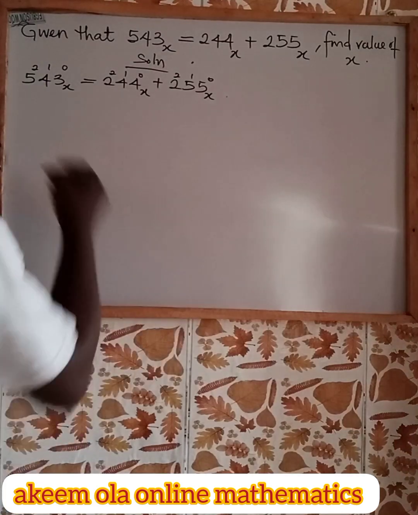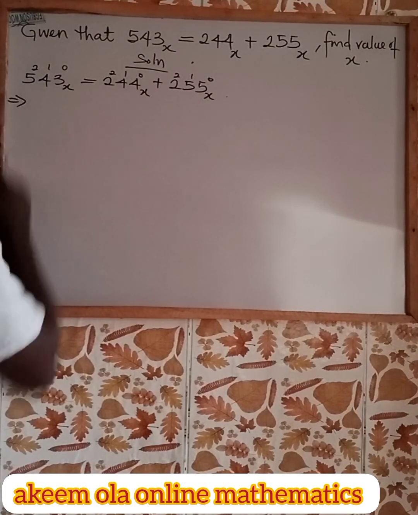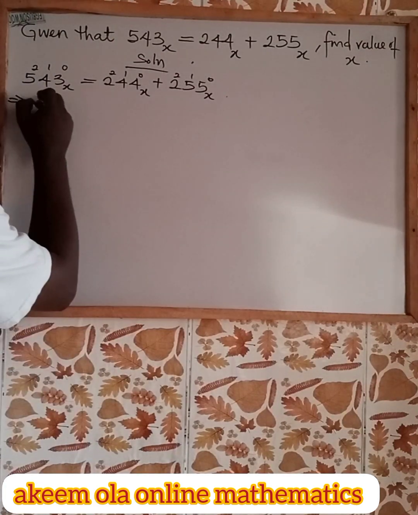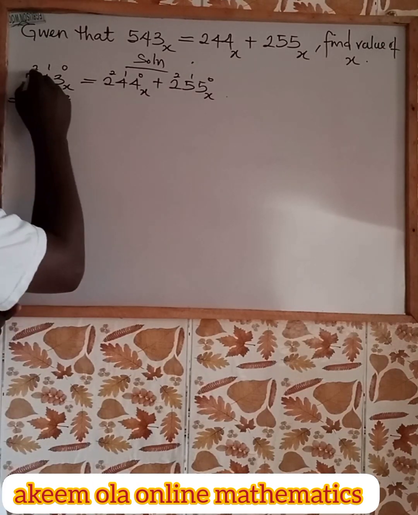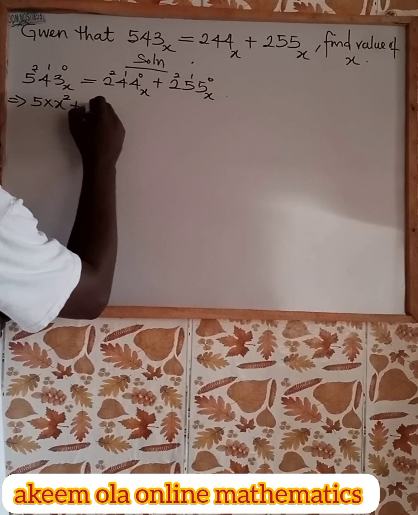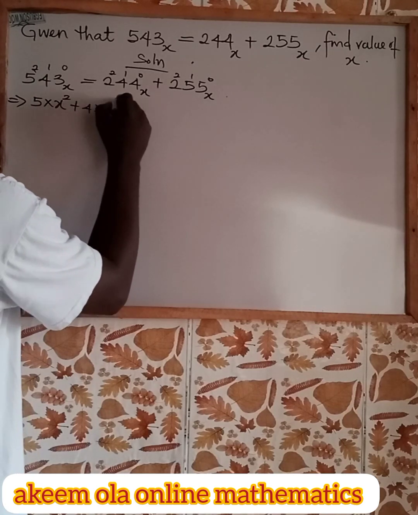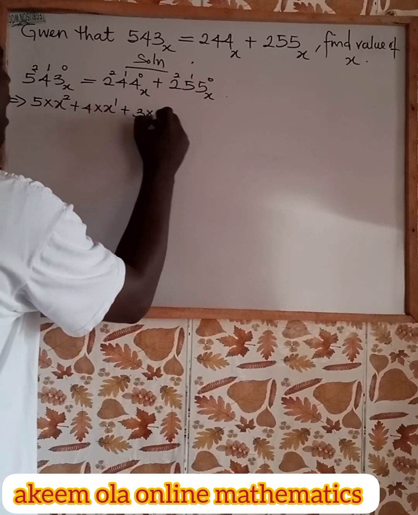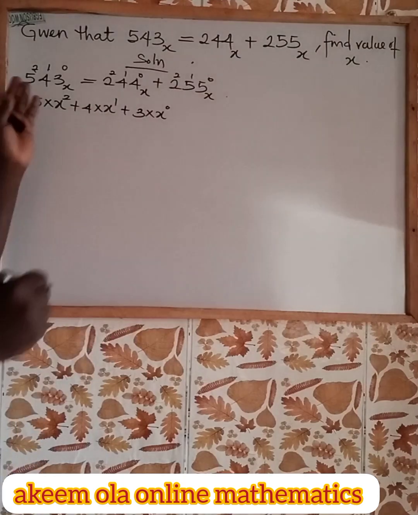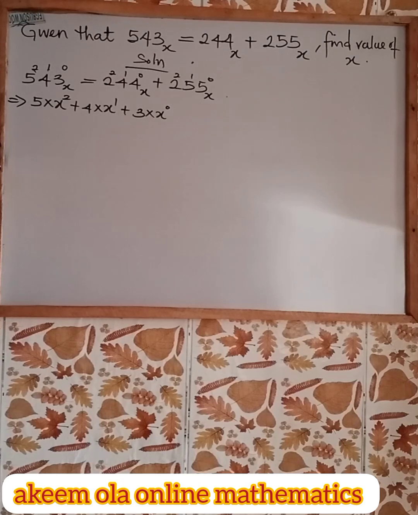So when we convert it to base 10, we are going to have 5 times x raised to power 2 plus 4 times x raised to power 1, plus 3 times x raised to power 0. We are done with the first one. We move to the second one.